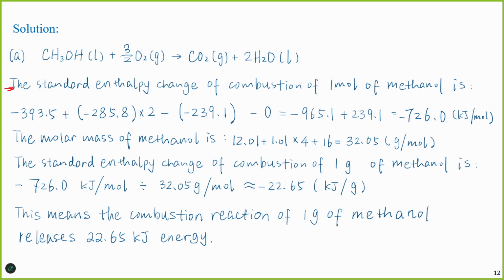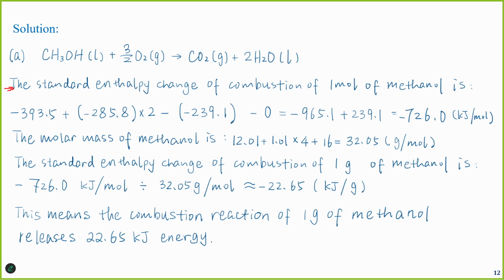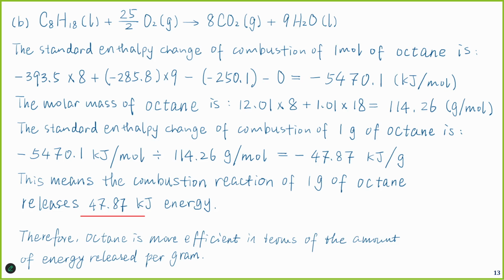And using the same method, we can also calculate how much energy the combustion reaction of 1 gram of octane releases. So following the same method, we can easily find that the combustion reaction of 1 gram of octane releases 47.87 kilojoules of energy. And if you compare these two numbers, you can easily see that octane is more efficient in terms of the amount of energy released per 1 gram, right?